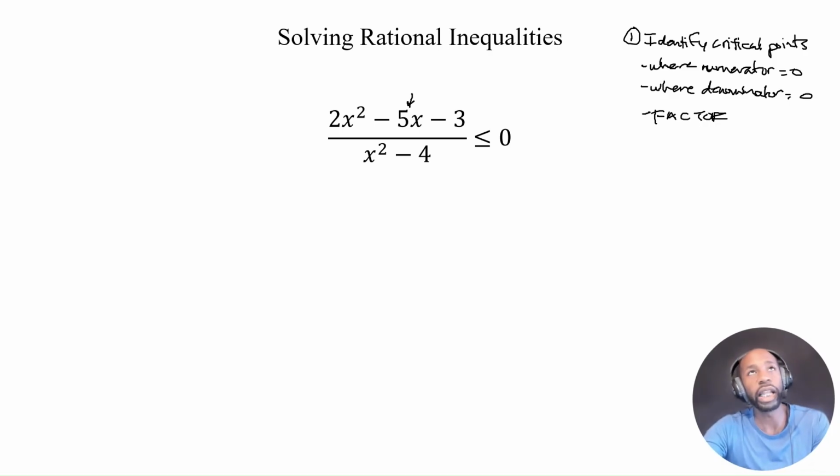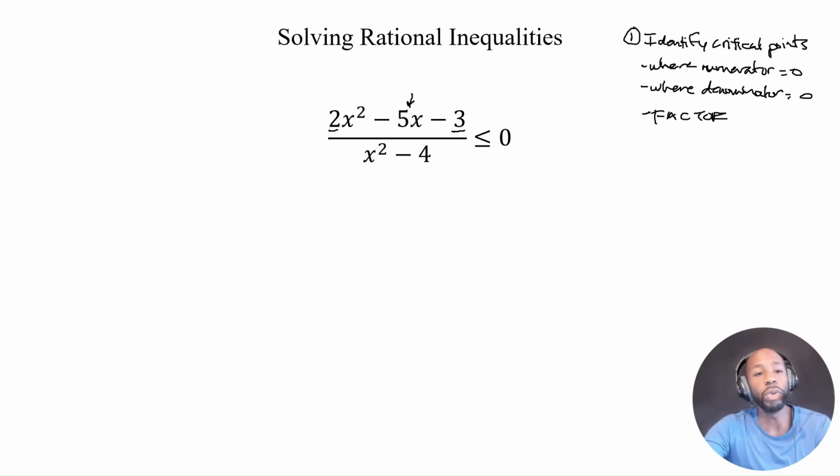You also can consider what we usually consider, which is looking at this 2 and this negative 3. What can we multiply that'll give us negative 6, which is 2 times negative 3, that'll add or subtract to give us negative 5? So that would be negative 6 and positive 1.